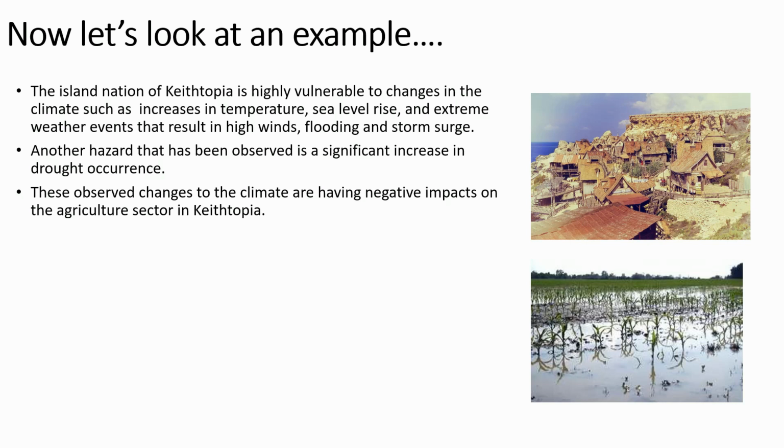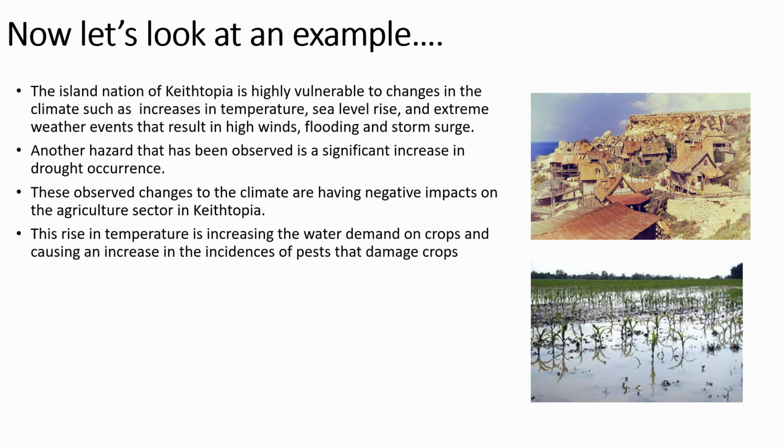And as a least developed country, as a small island developing state, our agriculture sector is very important to us. We have a lot of subsistence farmers, and so they're very vulnerable to the negative impacts of climate change. And so we're worried about these impacts on agriculture, and we know that they're going to get worse in the future if we don't do anything about it.